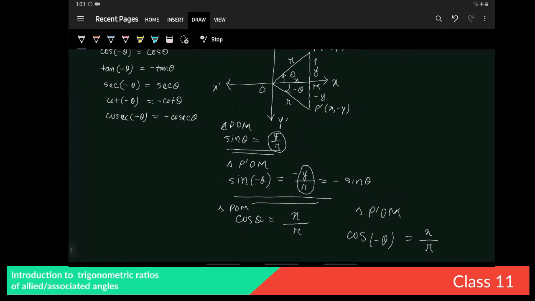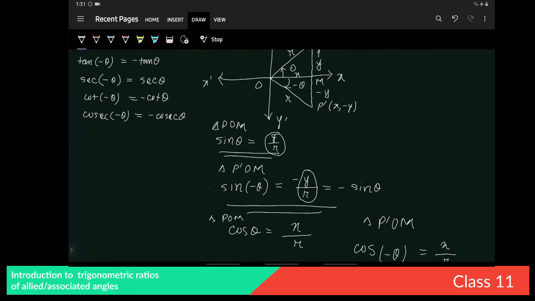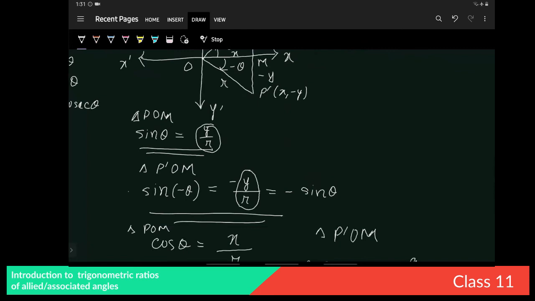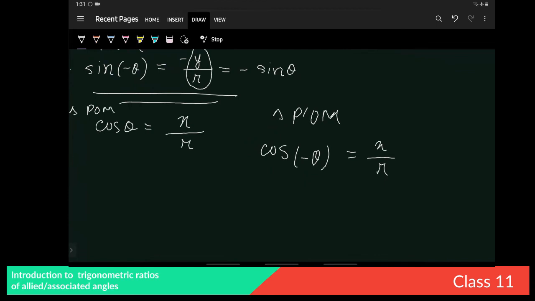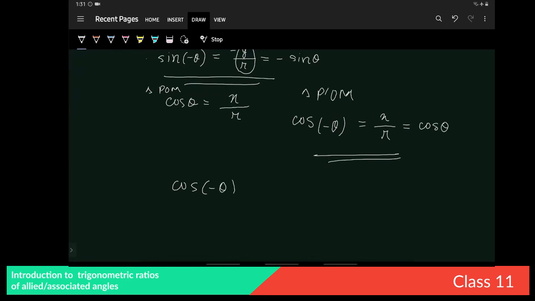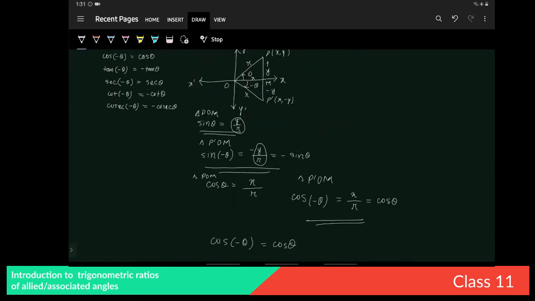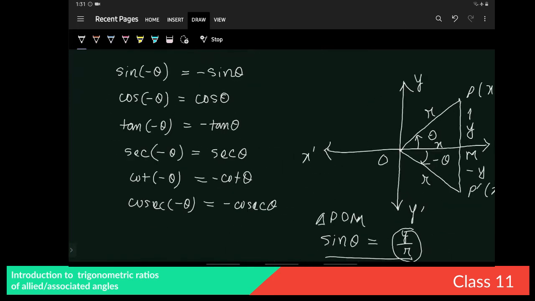Now x is OM, so OM is applicable for both triangles, that is, it is the base for both triangles. So cos of minus theta is x by r, and x by r means cos theta. So cos of minus theta is cos theta.